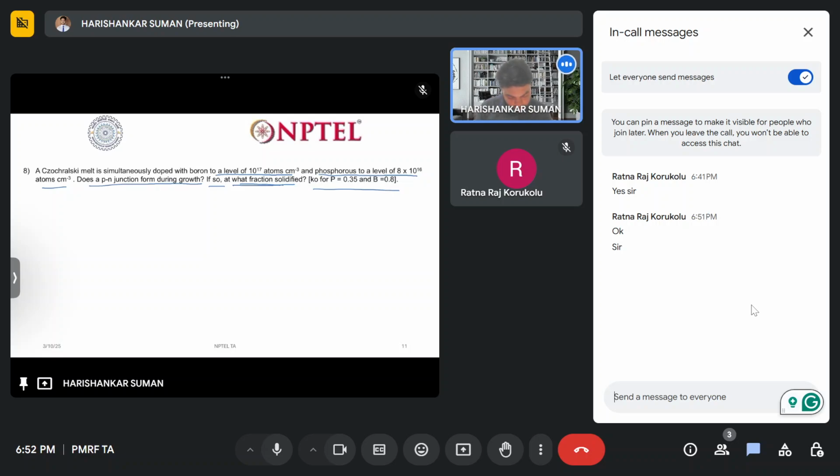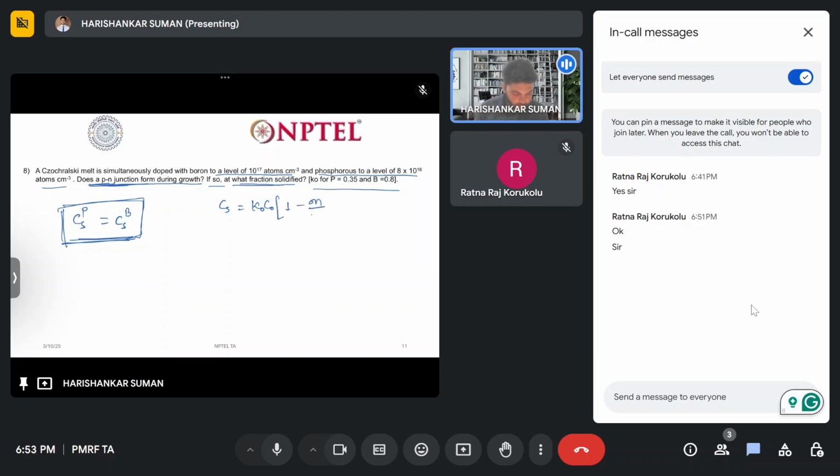Thus, a PN junction is formed. So let's say the concentration of boron, P type, and N type will be the same at the junction. Okay, this is the condition. So you have to calculate. Let's say CS.